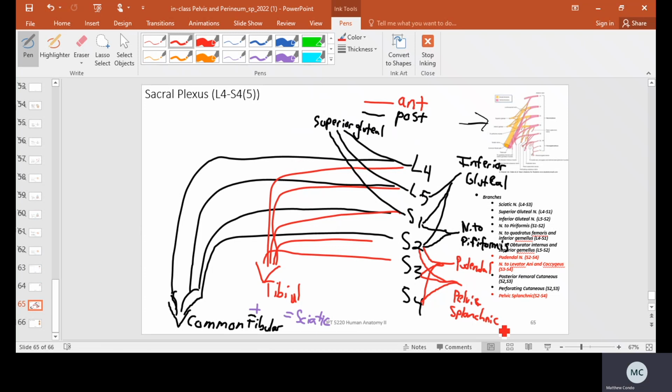So, that is like the very, very basics of the sacral plexus. Pelvic splanchnic length is S2, S3, and S4. Yep.